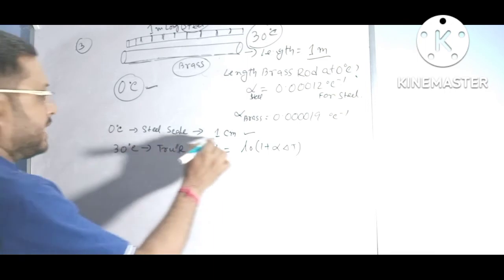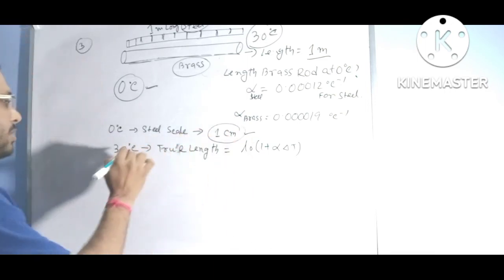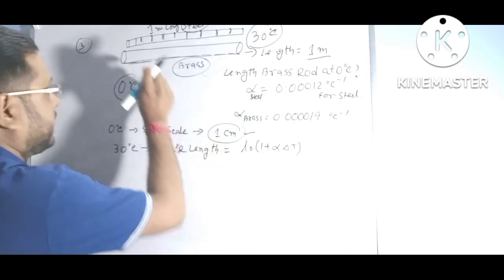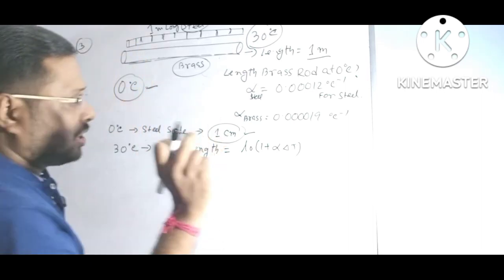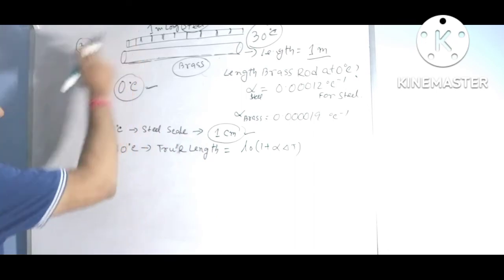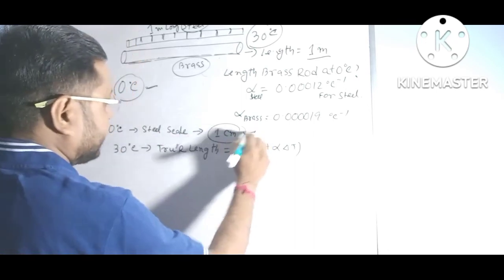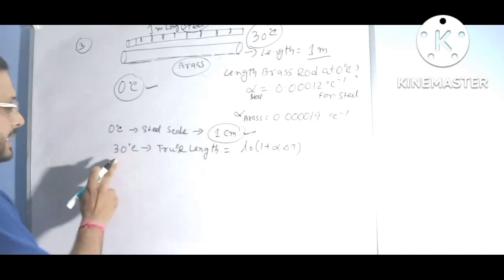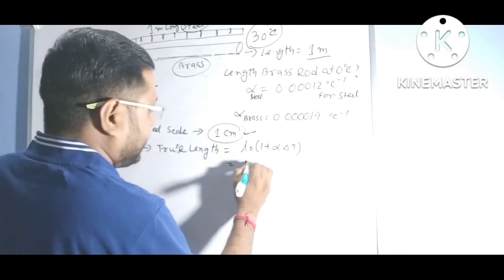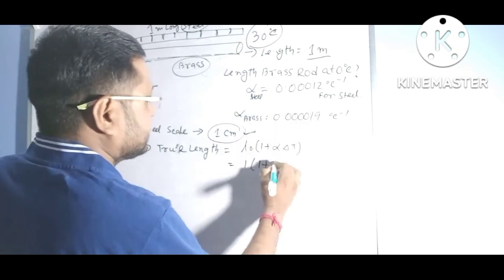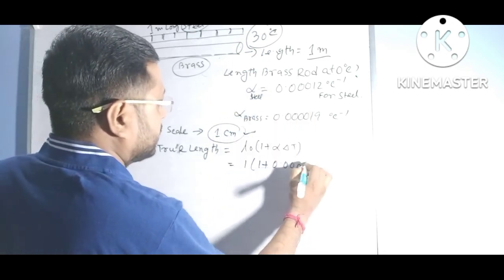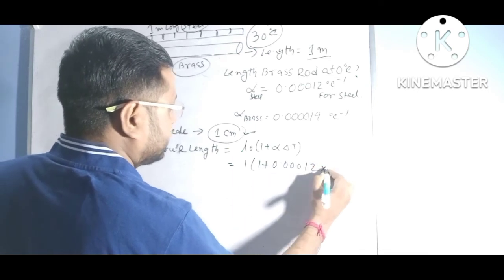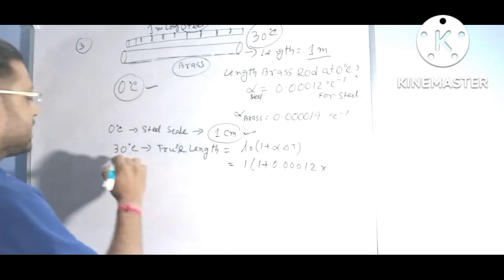30 डिग्री सेंटीग्रेड में स्केल का जो एक स्मॉल डिविजन है, the length of 1 small division at 0 degree centigrade is 1 cm. At 30 degree centigrade it is 1 into 1 plus alpha steel, 0.00012, into delta t, that is 30 minus 0, which is equal to 30.